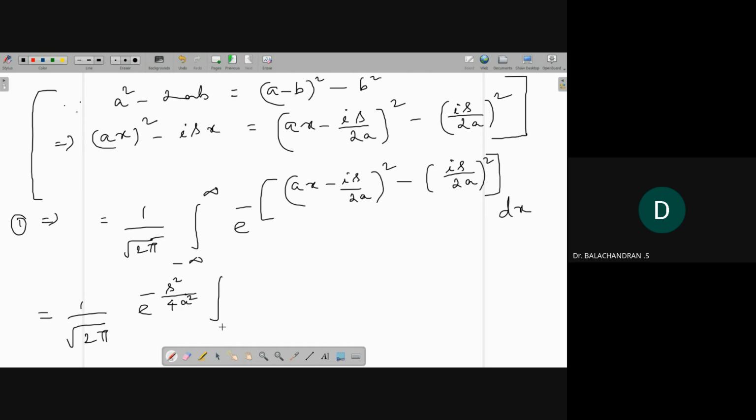Now remaining you have the integral from minus infinity to plus infinity e power minus (ax minus is by 2a) whole square into dx.